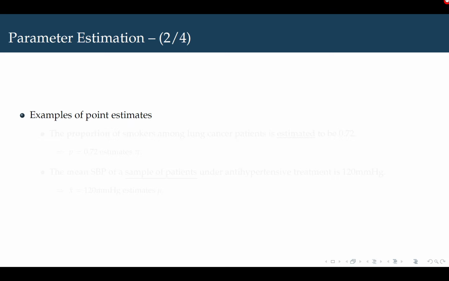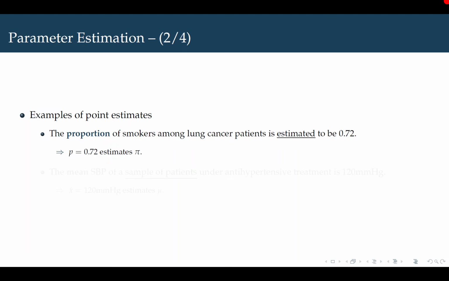So let's consider some examples of point estimates. If we say the proportion of smokers among lung cancer patients is estimated to be 0.72, now here the population parameter is the proportion of smokers among lung cancer patients in general.